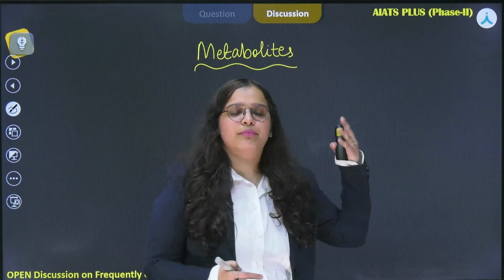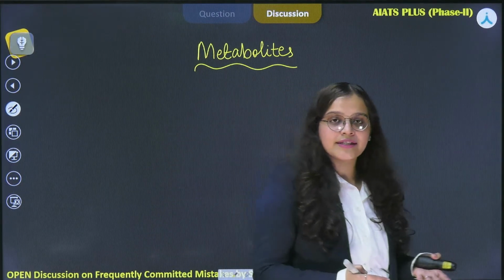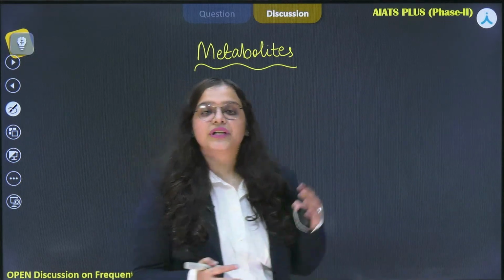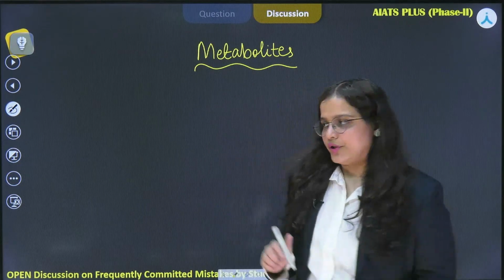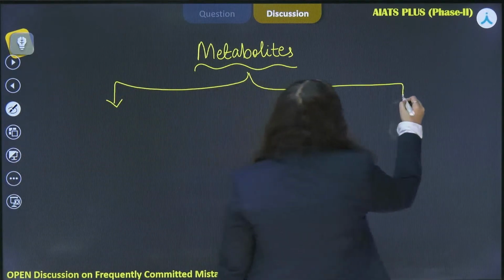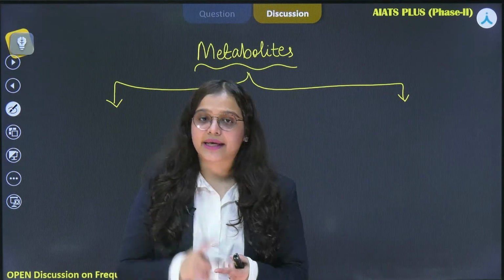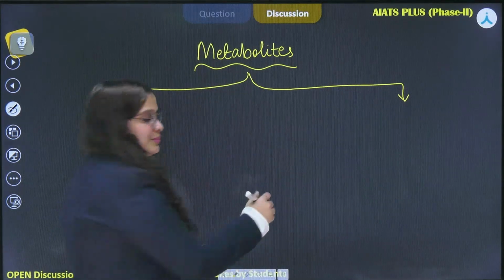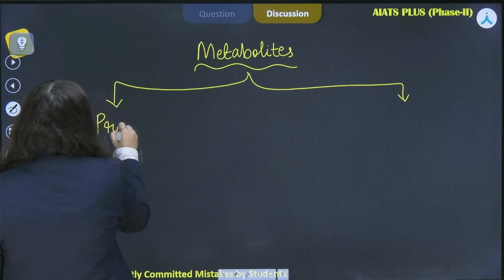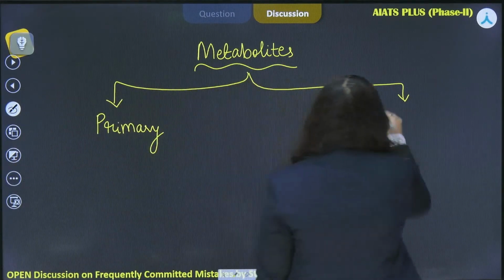So all of these processes lead to the formation of energy, or it will provide defense, or there are various developmental processes which are occurring in which these metabolites come into picture. All right. So we have two types of metabolites, which are primary metabolites and the secondary metabolites.